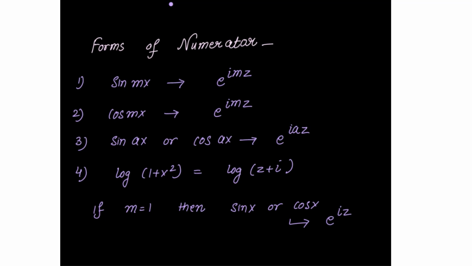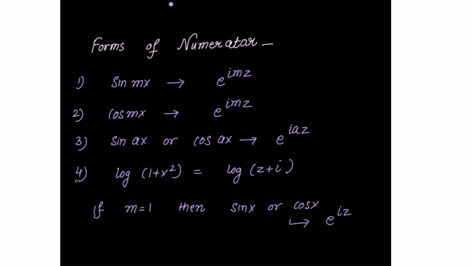Whatever exercises we have done earlier, in the numerator we are having sine of mx or cosine of mx, right? And then we changed sine of mx and cos of mx to e to the power iota mz, right? And if there is sine of ax or cos of ax in the numerator, then this will change into e to the power iota az, because here m is equal to a.